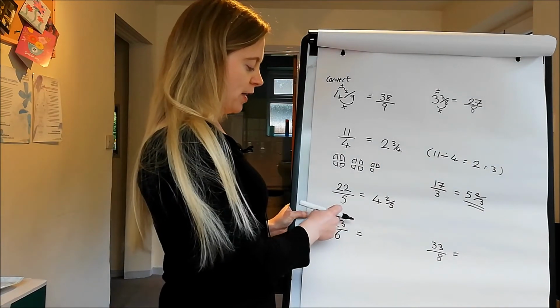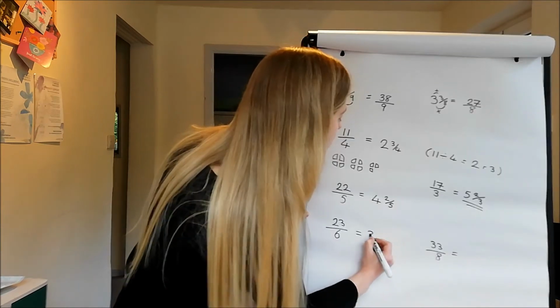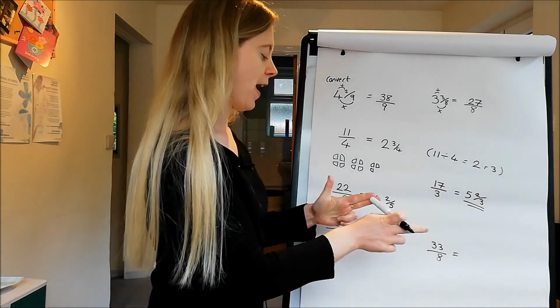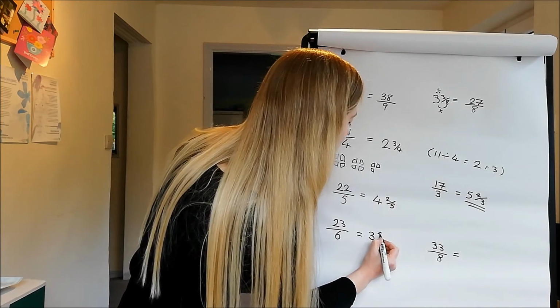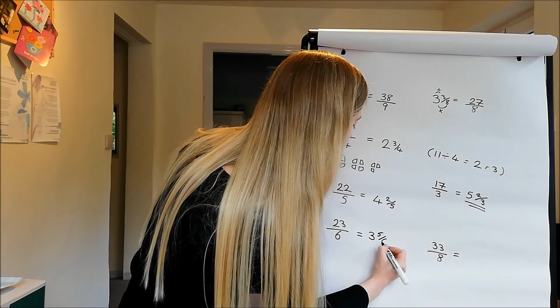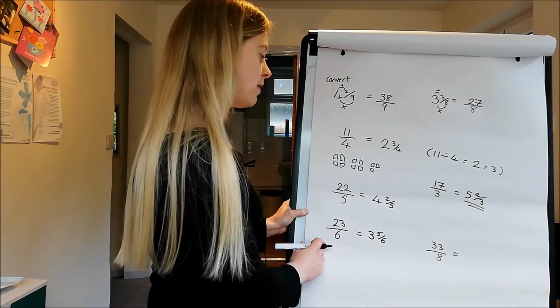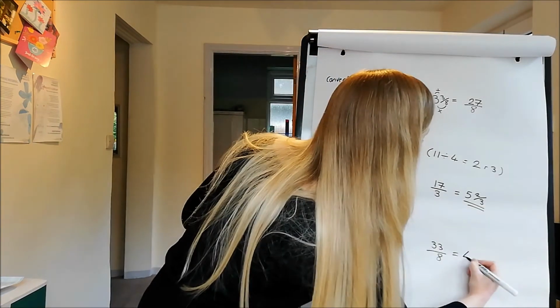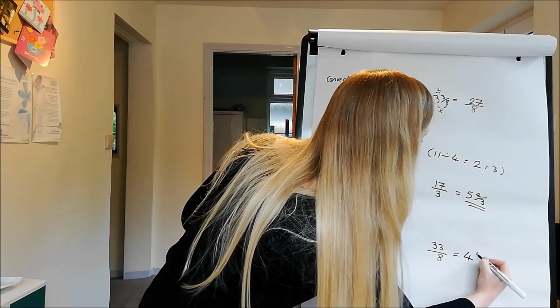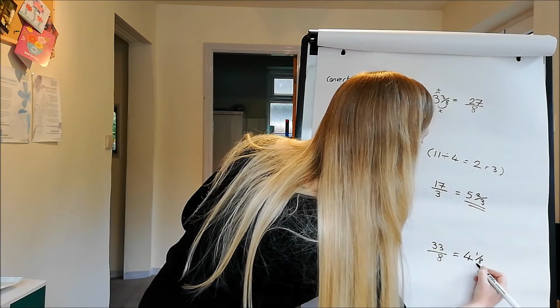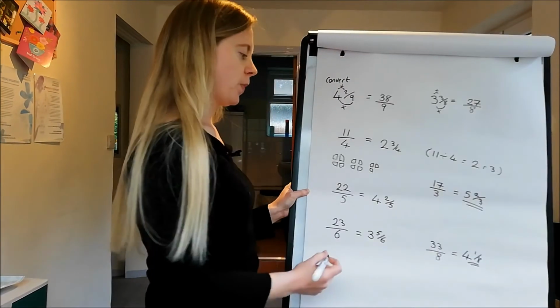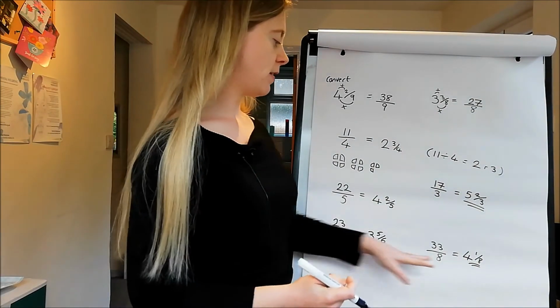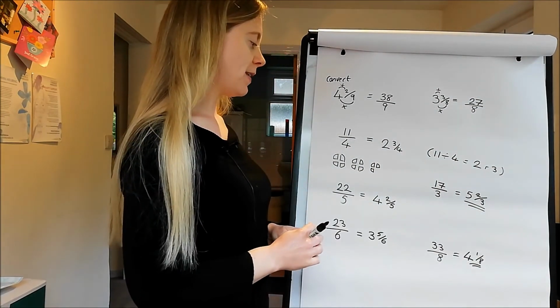So 6 goes into 23 3 full times, 6, 12, 18, with 5 leftovers, and we're dealing with 6. 8 goes into 33 4 full times with 1 leftover, and we're dealing in 8s. So 3 and 5/6 and 4 and 1/8 are your answers there.